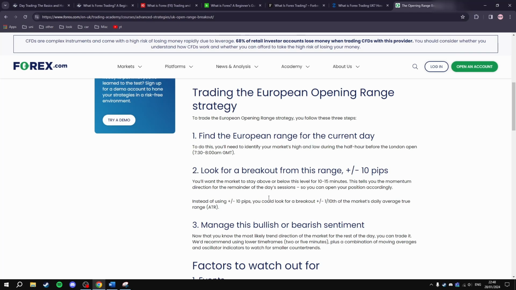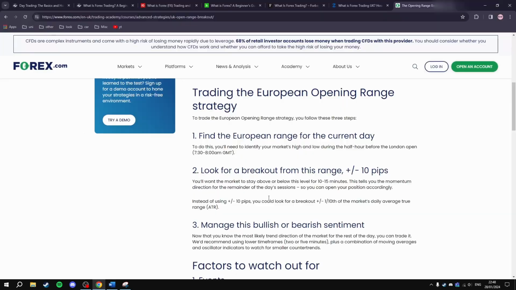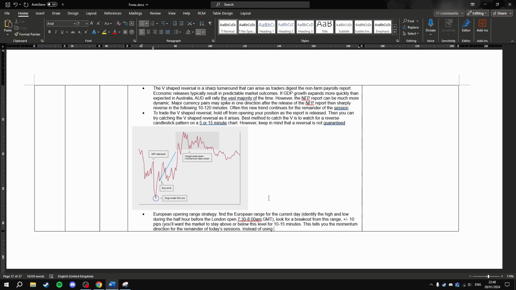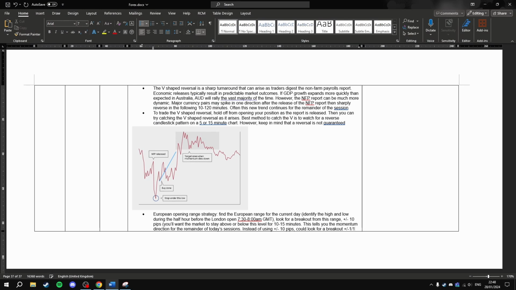Instead of using plus or minus 10 pips, you could look for a breakout of plus or minus 1/10 of the market's daily average true range.